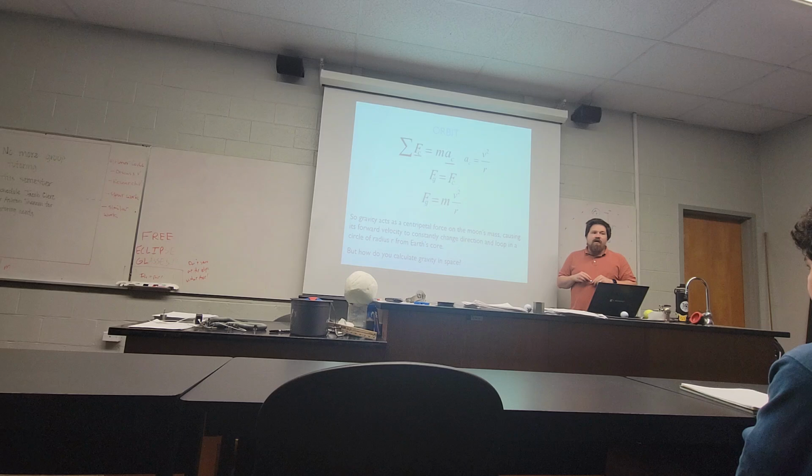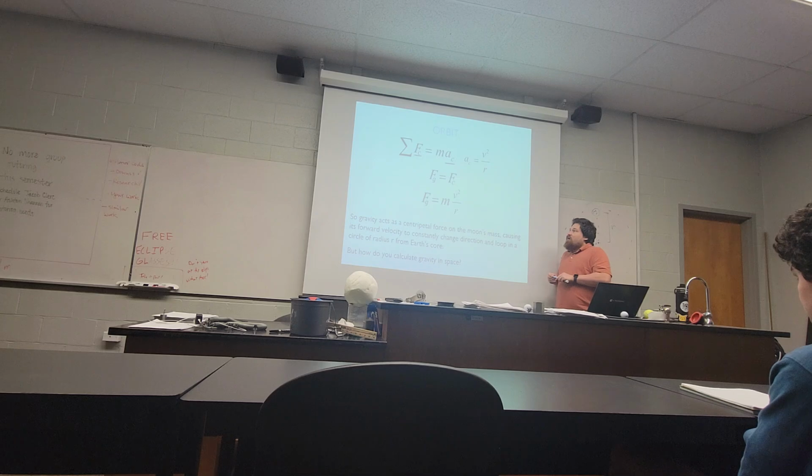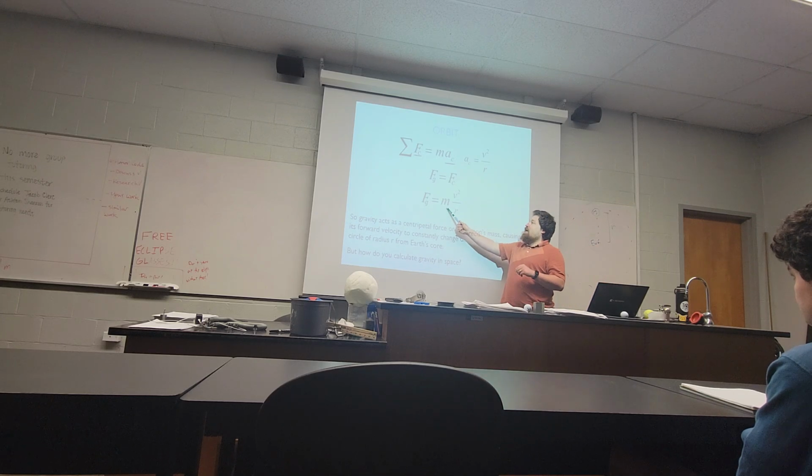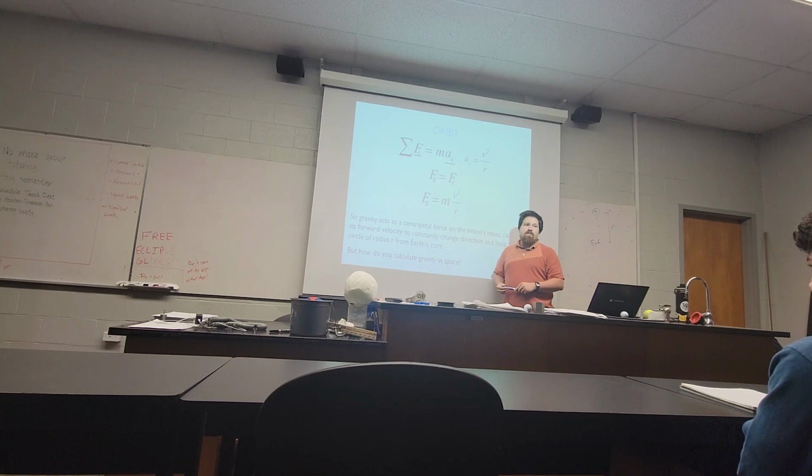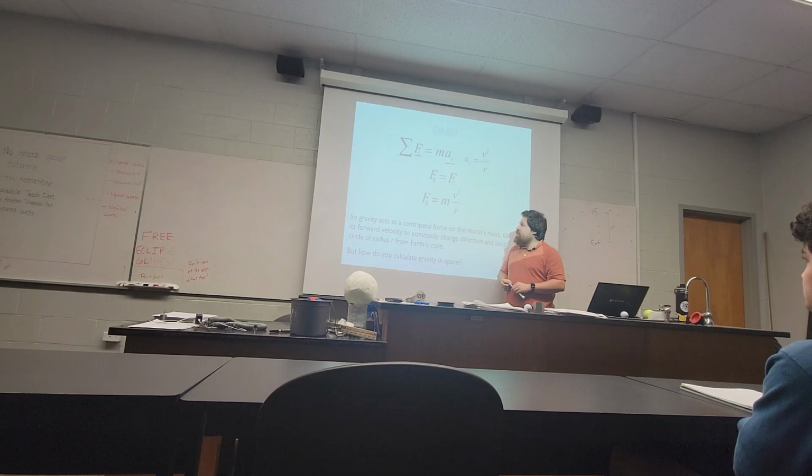Okay. Now, if we wanted to use this to calculate the orbit of the moon so that we could predict when future eclipses are going to occur, we would need to know the mass of the moon. It's a known constant. We've estimated the mass of the moon over the millennia. We need to know how fast the moon is moving.